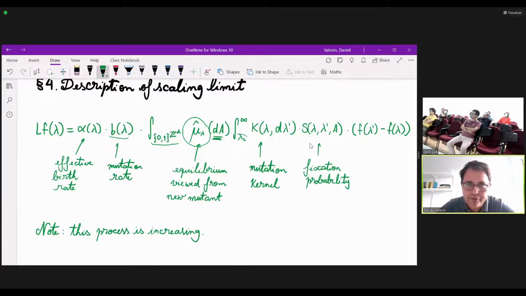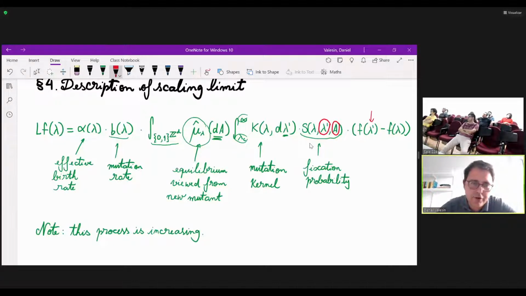Then I integrate from lambda_c to infinity, choosing lambda prime according to the mutation kernel. Then I have the function S(lambda, lambda prime), which I call the fixation probability, the probability that the mutant wins the conflict. Then you multiply by f(lambda prime) minus f(lambda).